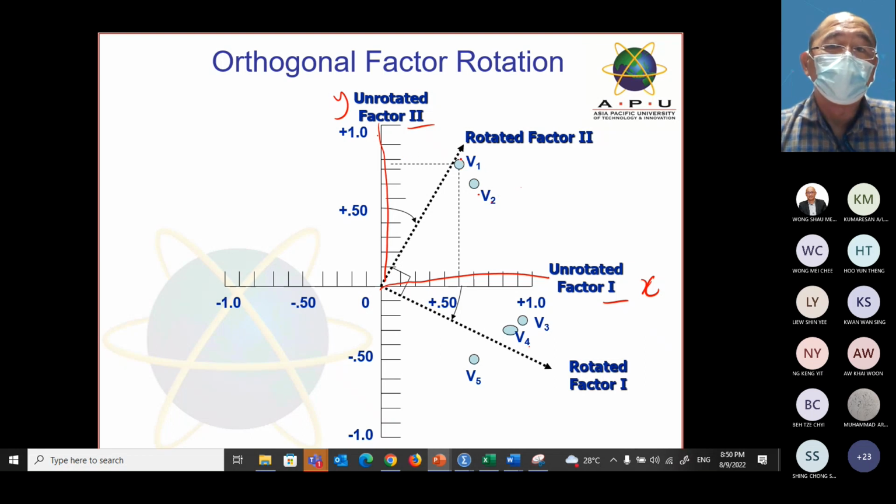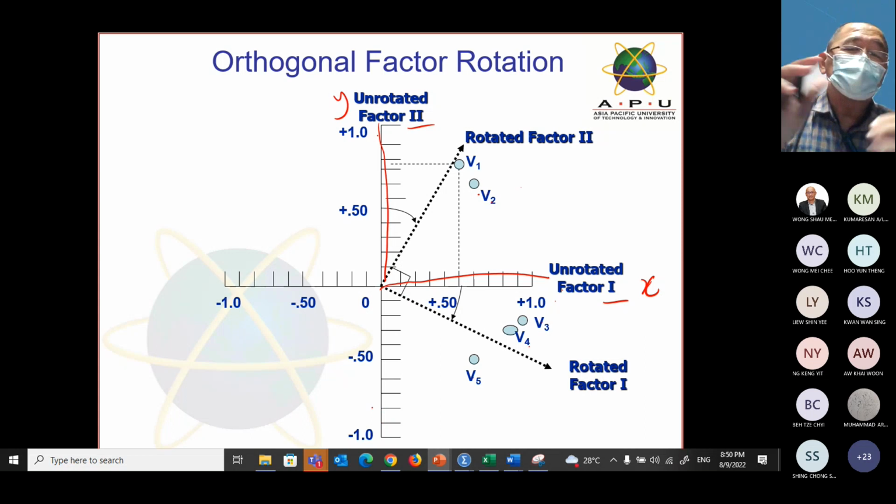Variables 3, 4, 5 are also not easy. Maybe 3, 4 is factor 1, but x5 is in the middle, like cross loading, can be under factor 1 or factor 2. Factor 2 is vertical, factor 1 is horizontal.